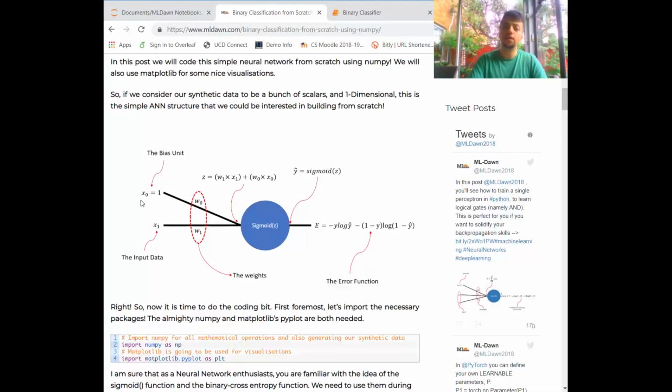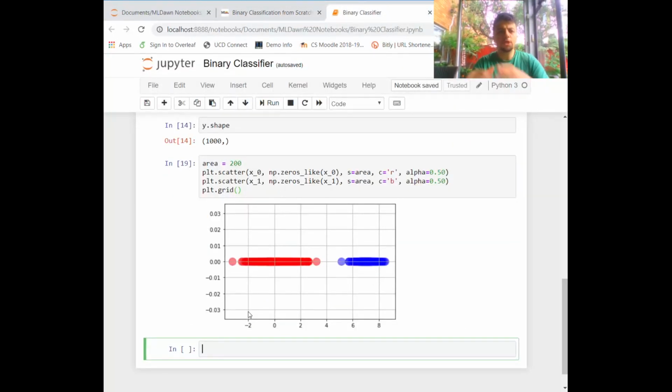Now, I'm going to randomly initialize W0 and W1. So I'm going to use a uniform distribution this time. Again, I'm going to use NumPy's random package, but this time, instead of calling the Gaussian, I'm going to call uniform distribution. Doesn't matter, you can use other distributions as well.